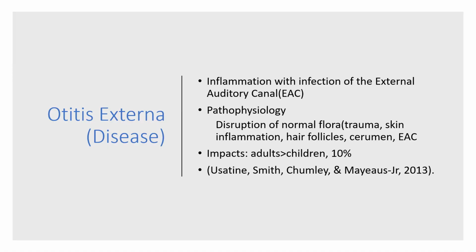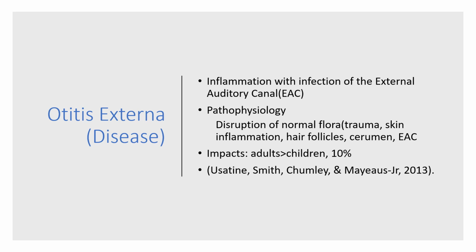The first phase, the disease of Otitis Externa, is based on information collected from the book written in 2013 by Usatine, Smith, Chumley, and Mayeaux Jr. They explain that Otitis Externa is inflammation with infection of the external auditory canal. What happens? The pathophysiology is disruption of the normal flora due to trauma.